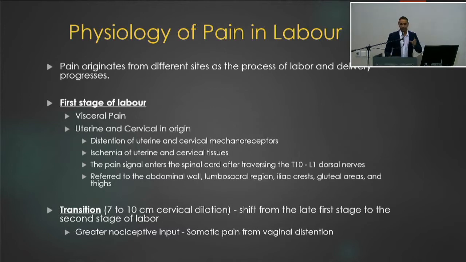So it's very important that we understand the phases of pain that these women go through, and particularly where this pain localizes to, because very often during that first stage, it will localize to the lumbosacral area, particularly sacrum, as well as thighs, anterior abdomen, and the lower back.